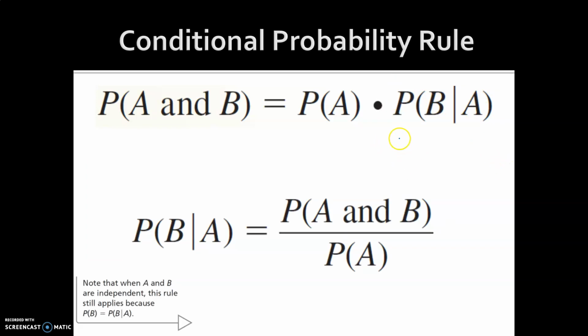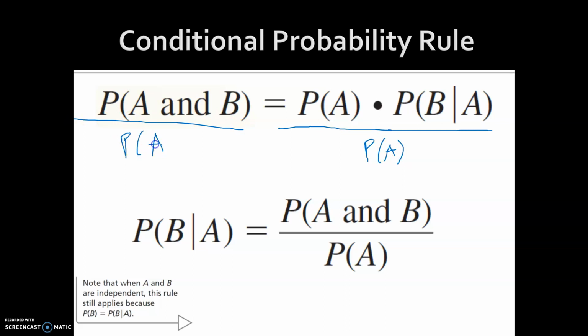That's easily done by just dividing both sides by probability of A. You divide both sides by the same quantity. Remember, that's totally fine in any equation. That cancels out. And this probability right here is equal to the probability of A and B divided by the probability of A. So let's try this out.